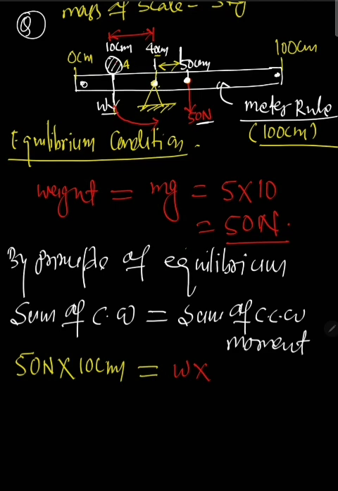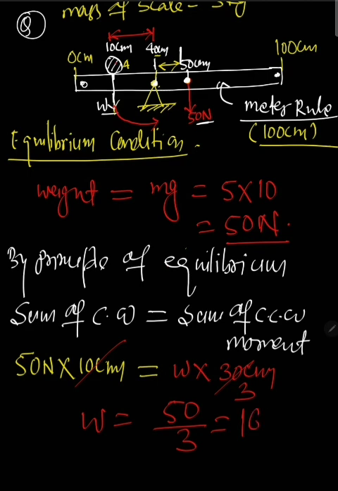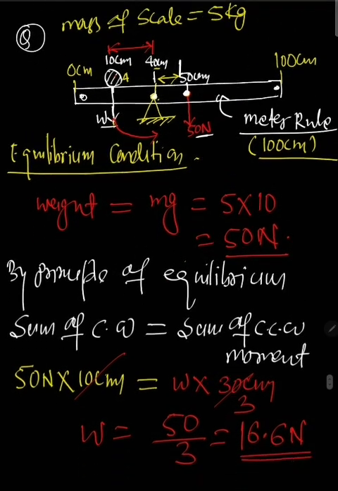So the distance in between is 30 centimeter. So 10 and 30, this is going to cancel. So W will be equal to 50 by 3. This one is the weight of this unknown object. So this is the application of the principle of moments.